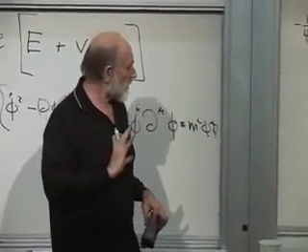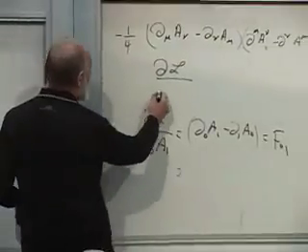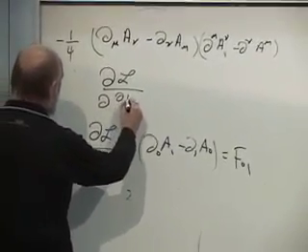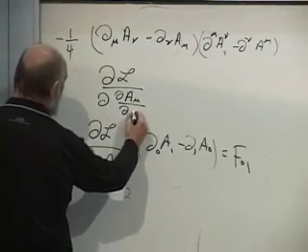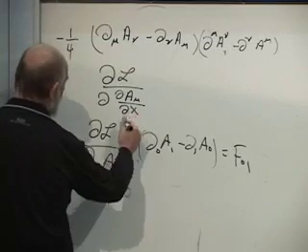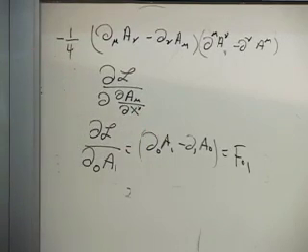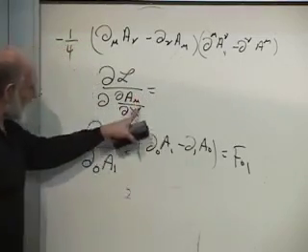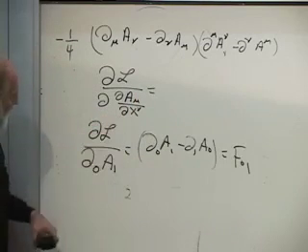Is that E1? It's E1. But let me write down the general formula. The derivative of the Lagrangian with respect to the derivative of a mu with respect to x nu. It's got two indices, mu and nu.